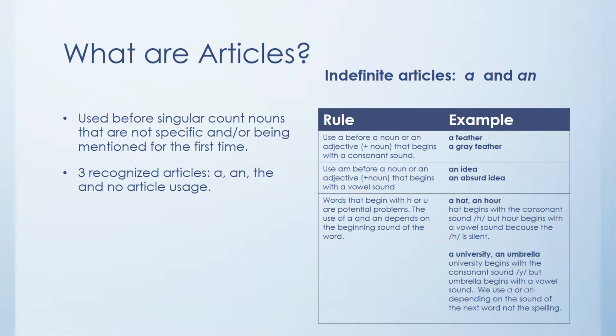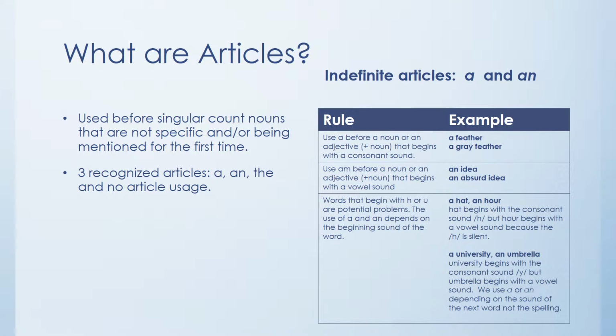And the third rule that is listed is using the indefinite articles with words that begin with H and U. Now these tend to be potential problems for ELL learners.